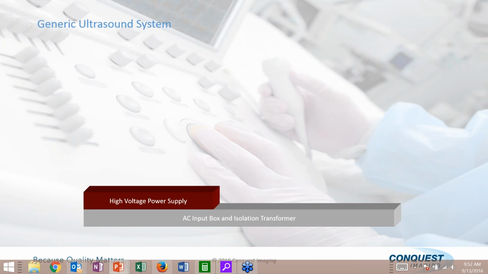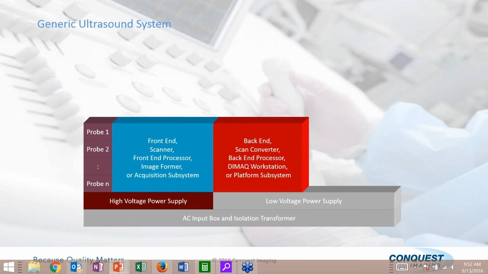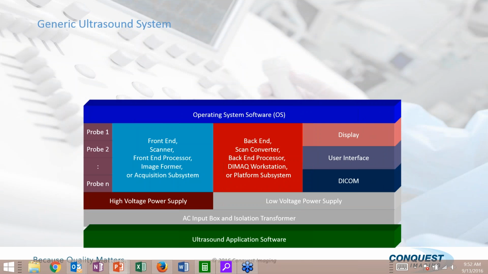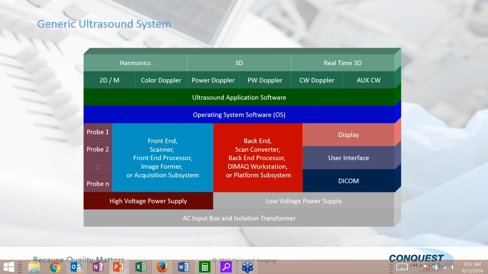So I'm going to skip through this really quick because we're running up against the clock, and I want to leave a little bit of time for questions. This is a basic building block for an ultrasound system. At the very bottom, we have our AC input box, so we've got to get power to the system. Then we have our two different power supplies, high voltage and low voltage.